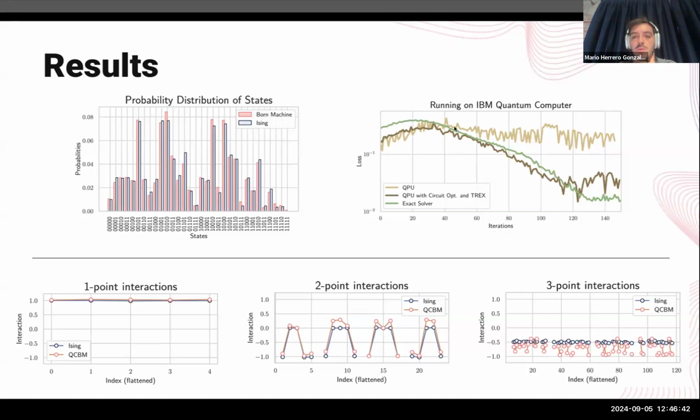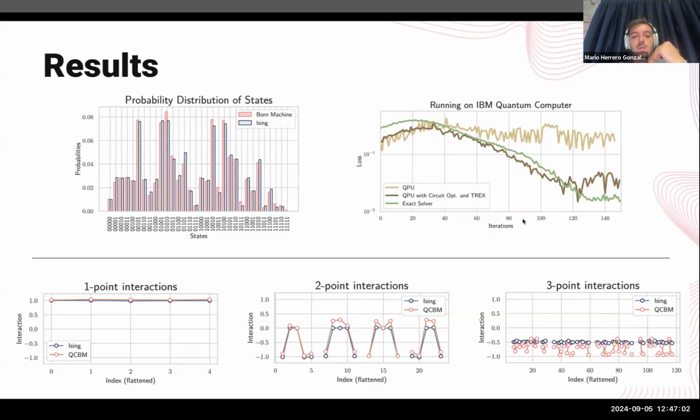However, when we apply techniques from quantum error mitigation, we're able to obtain the dark brown curve and get close to the exact solver. However, this is not enough. It's difficult to actually say if we've done well or not.